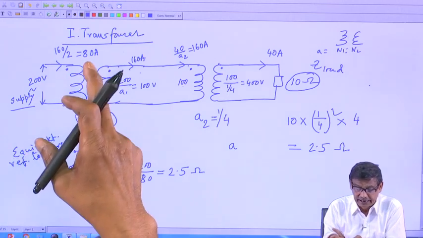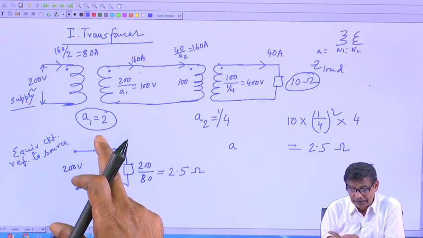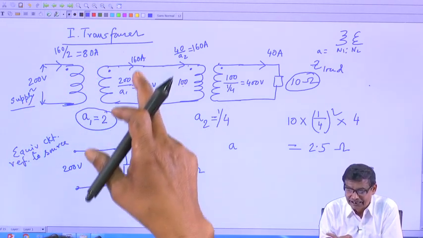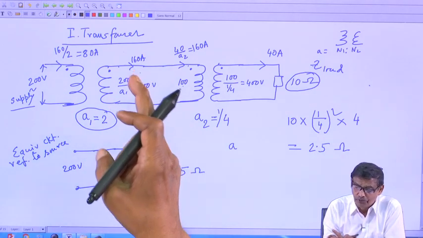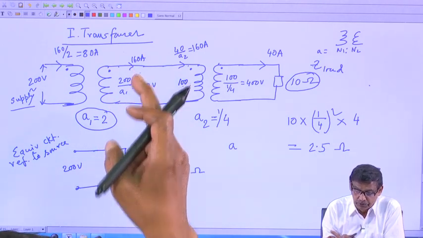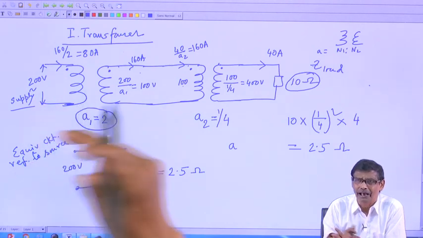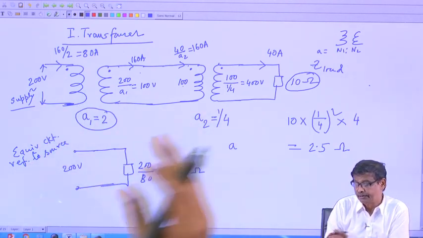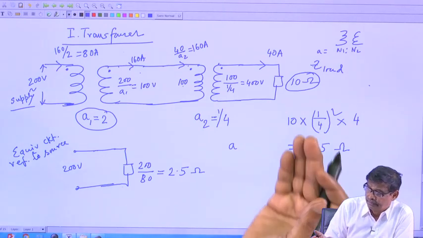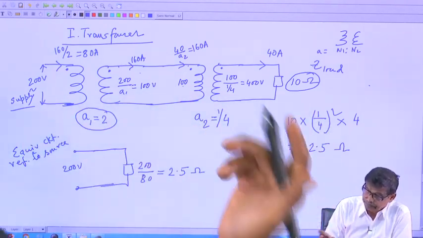Therefore, this current 80 ampere should be multiplied by 2 to get 160, or if you know 160, it should be divided by this A to get 80. So, have a lot of practice so that you can transfer the impedance.